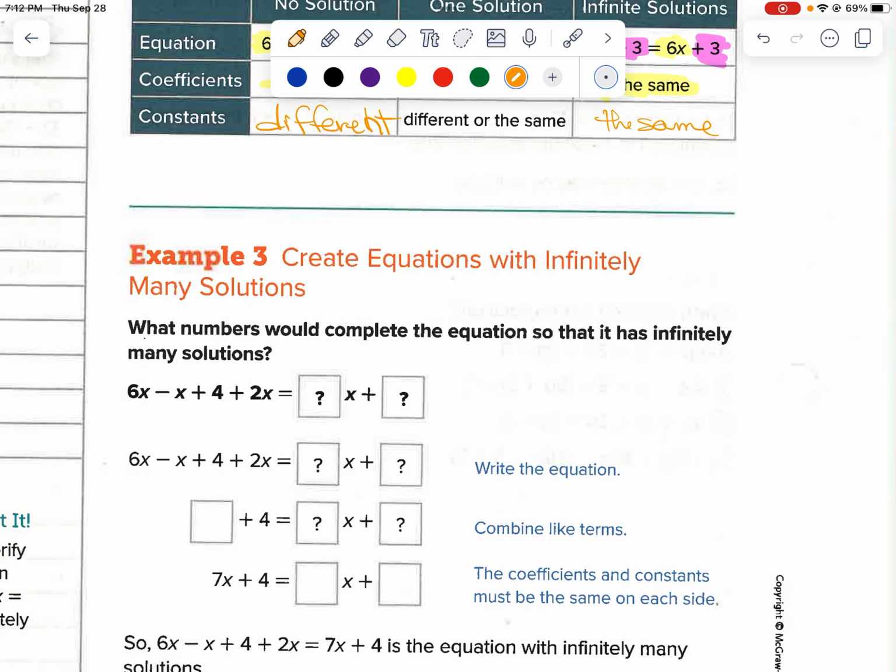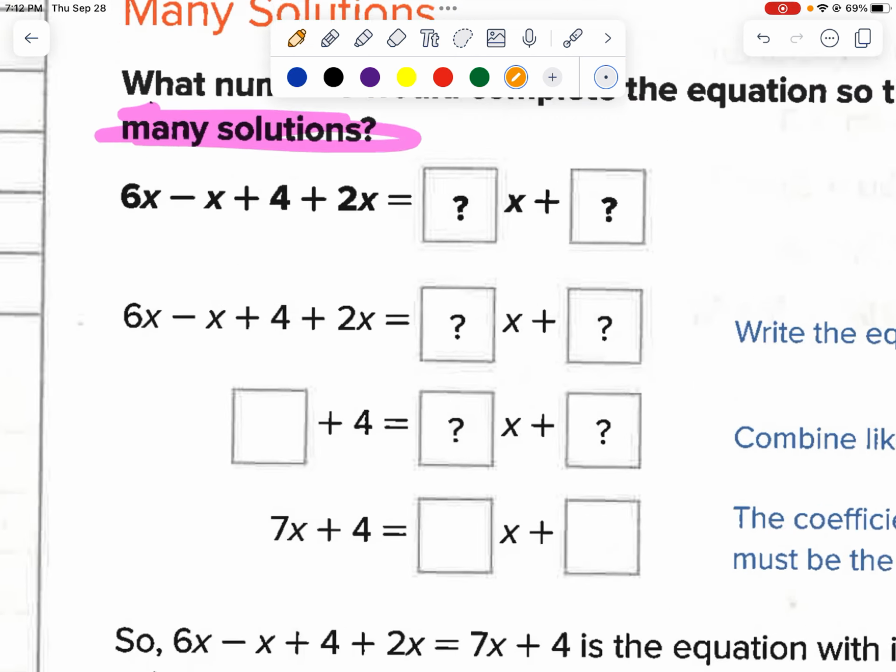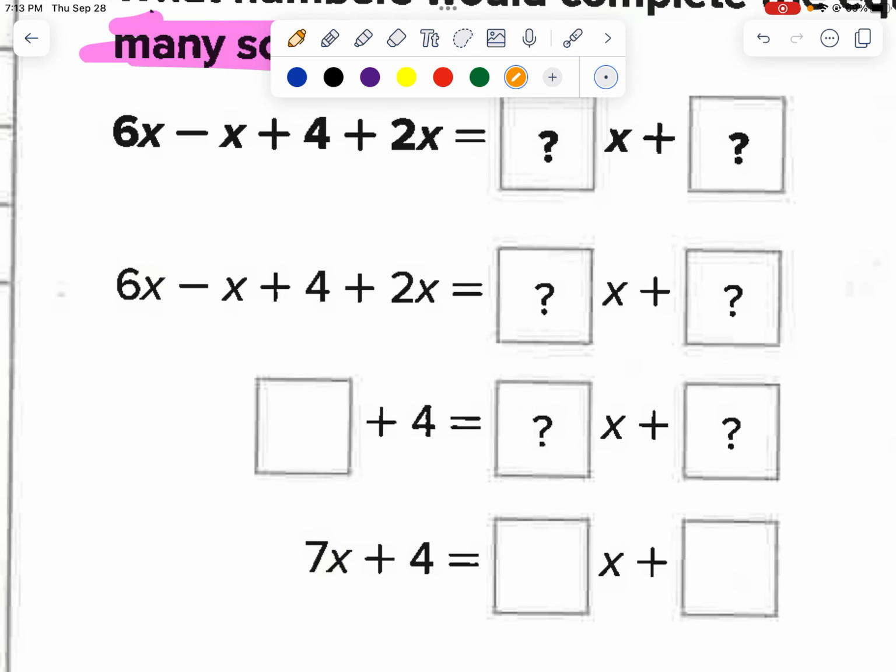Okay. So I want something that has infinitely many solutions. That means both sides of the equal sign have to equal each other. Well, in order to do that, I have to simplify the left-hand side. I have these three things that I need to, what is that called?